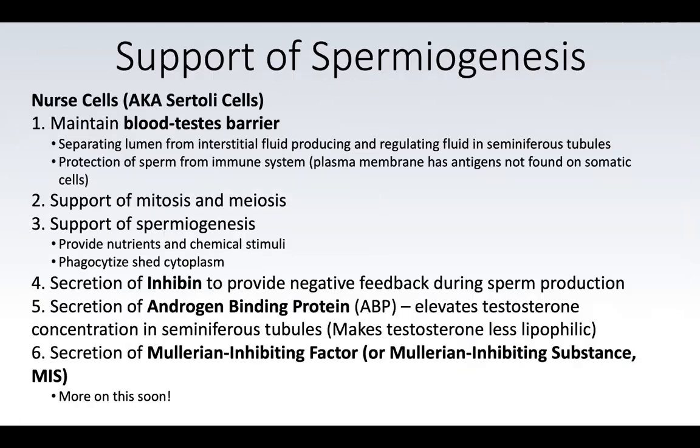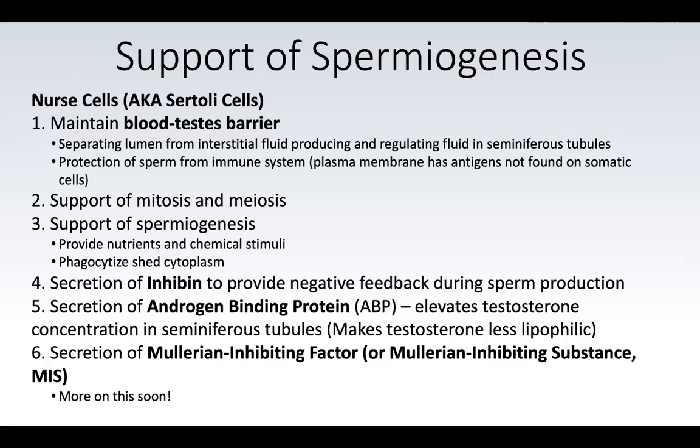So let's go back to this whole concept of Mullerian inhibiting factor. In the presence of the Y chromosome, this will essentially activate the production of nurse cells, these Sertoli cells. The female anatomy does not have nurse cells.